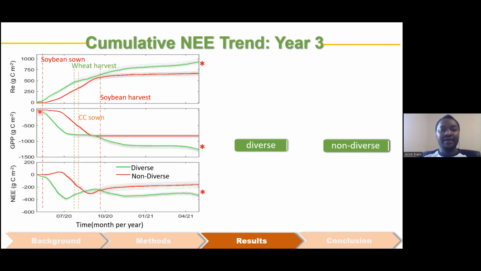This is because they begin to take up carbon in this period, such that at the end, GPP was significantly higher in the diverse treatment, which was accompanied by a moderate increase in respiration, leading to more carbon gains in the diverse fields when we look at the net.